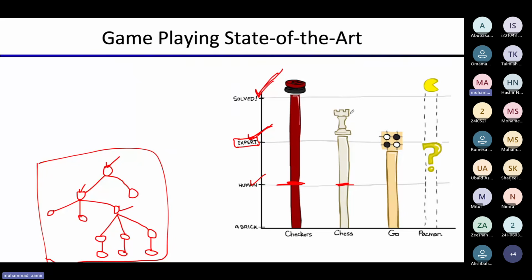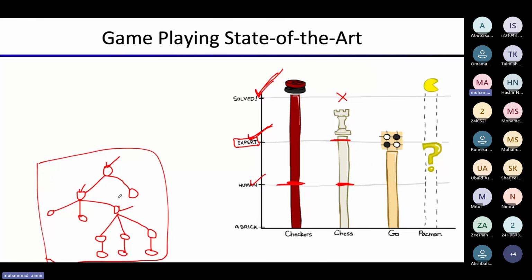When we talk about chess, of course, there is some human expertise level. There is some algorithm which is more expert than a human, because the algorithm can see more choices, more options, and can foresee future moves better than a human. But the chess game is not completely solved yet. What's the reason?